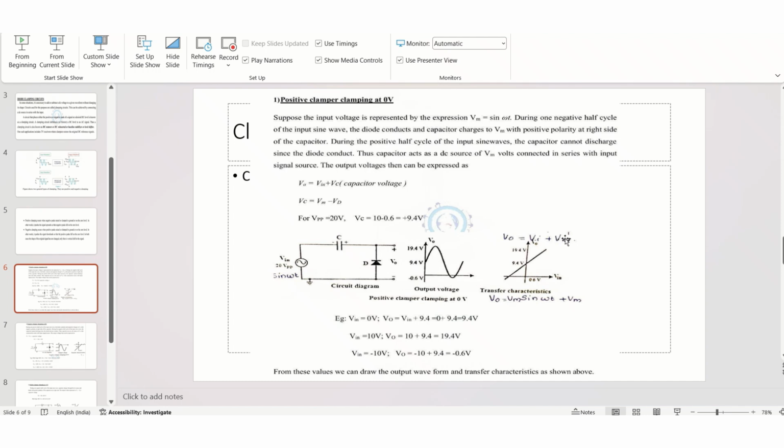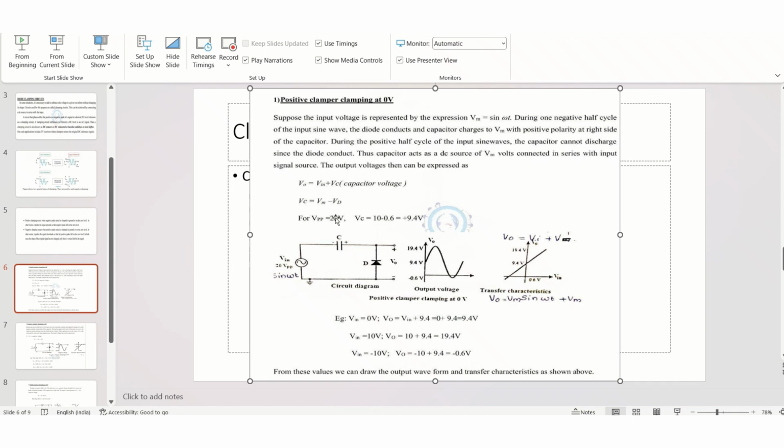We can draw the transfer characteristics, that is Vin with Vout, on the XY plot. On the x-axis we plot the input value, and on the y-axis the output value. When Vin equals 0, the output on the y-axis becomes 9.4. When Vin becomes maximum, that is 10 volt, Vout becomes 19.4, and when Vin equals minus 10, the output becomes minus 0.6.